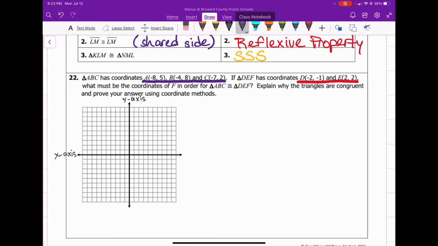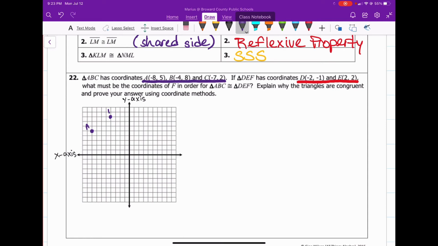Now I'm going to go ahead and plot those points. A is at (-8, 5). So 1, 2, 3, 4, 5, 6, 7, 8, and then 1, 2, 3, 4, 5. So there's A. Then B is at (-4, 8). 1, 2, 3, 4, and then 1, 2, 3, 4, 5, 6, 7, 8, which is about right there.